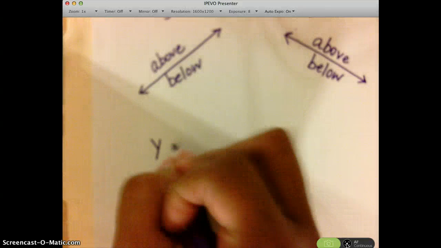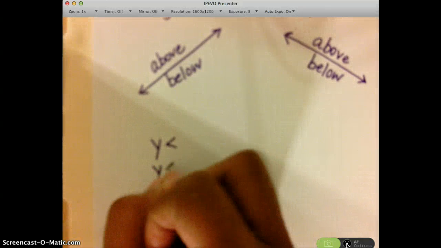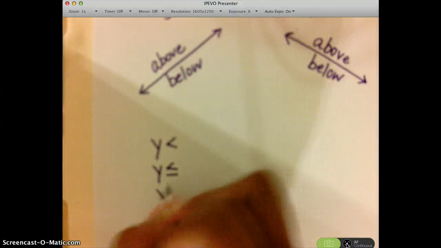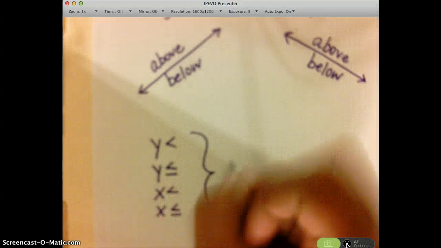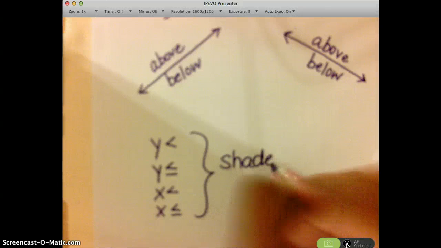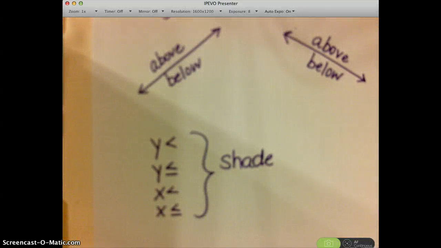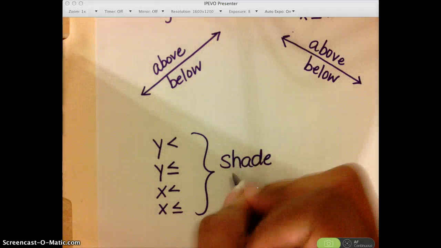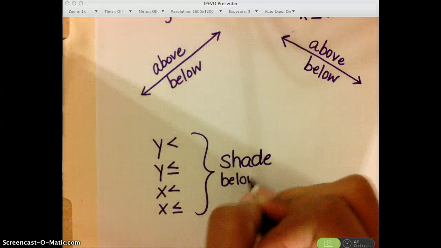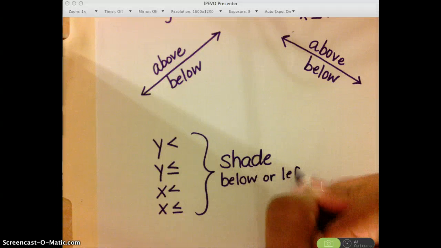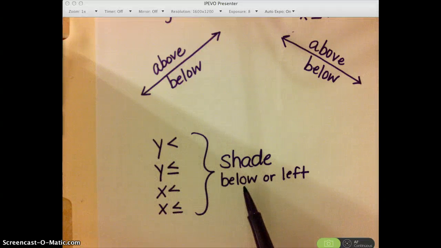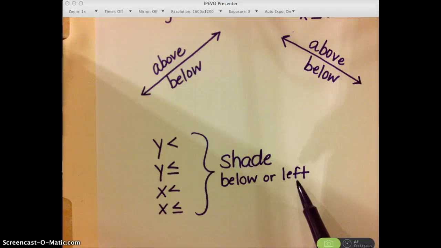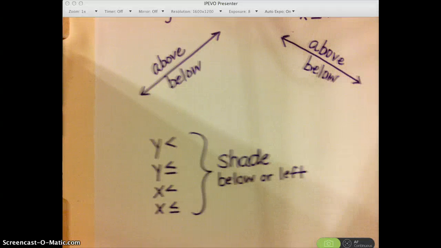If we have y is less than or equal to, x is less than or equal to, then we're going to shade below or left. Because it says less than, below the origin or negative numbers, to the left of the origin are negative numbers. So those are your numbers that are typically less than.